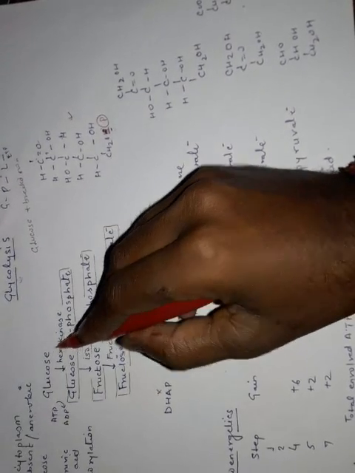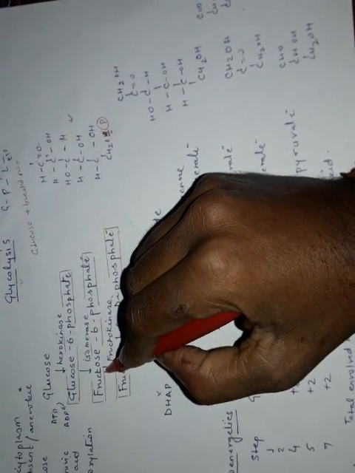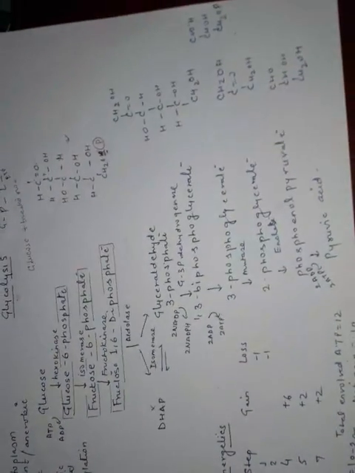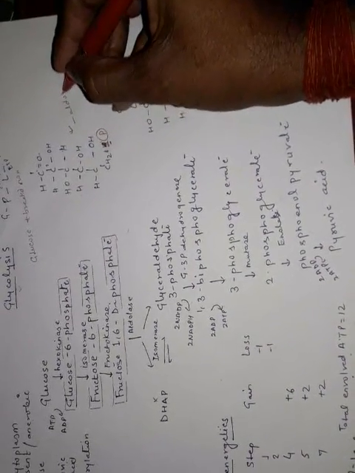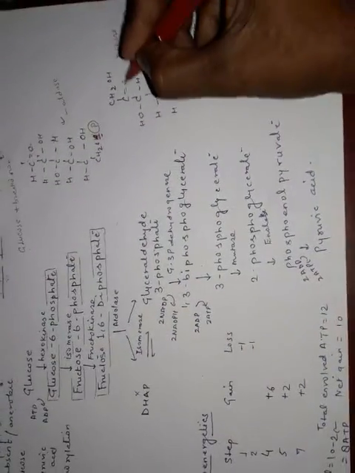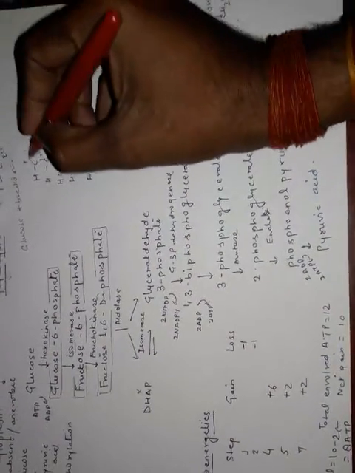Glucose 6-phosphate is further converted to fructose 6-phosphate. Glucose is an aldose sugar, while fructose is a ketose sugar. This is the aldehyde group and this is the keto group, so this is called aldose and this is called keto. This molecule is converted to fructose 6-phosphate.